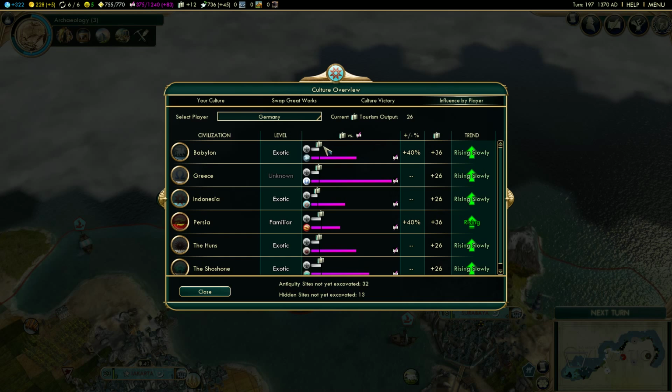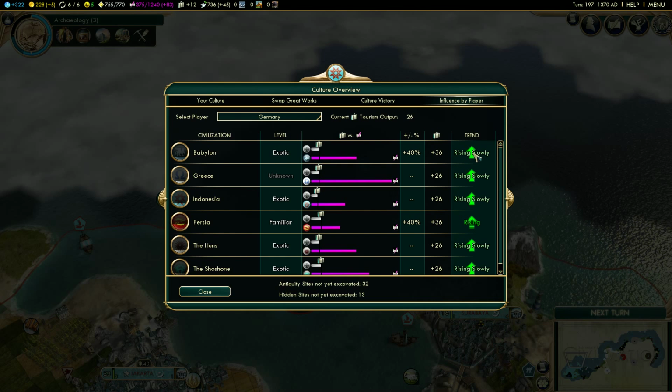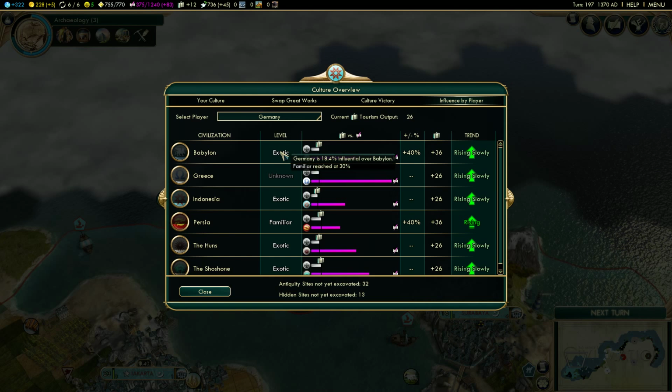Well, this is 40% on their tourism output, which means that they are exotic at 18.4%. Slowly rising, so the tourism percentage is rising faster than the culture gain of Babylon. Which means that in not too long a time they will be familiar over them.